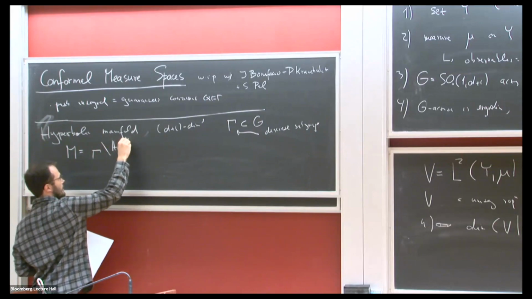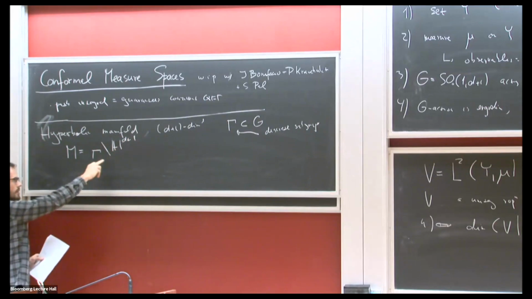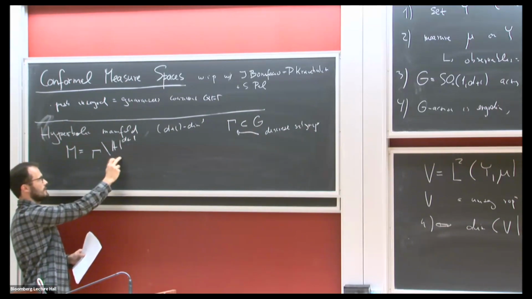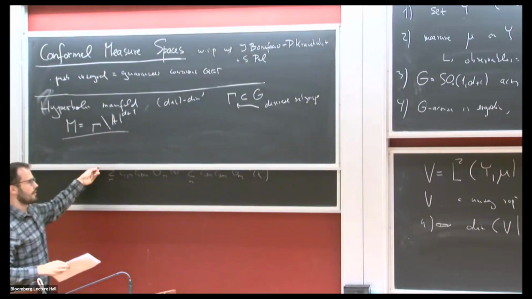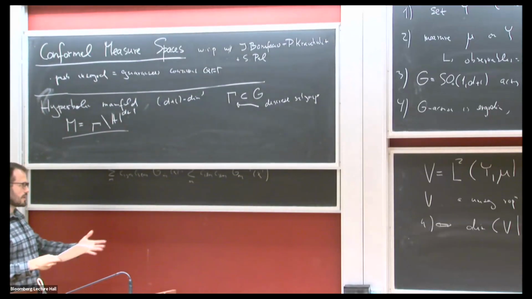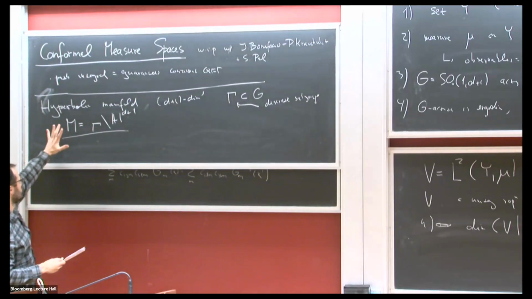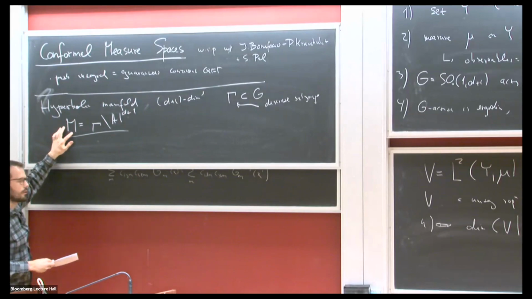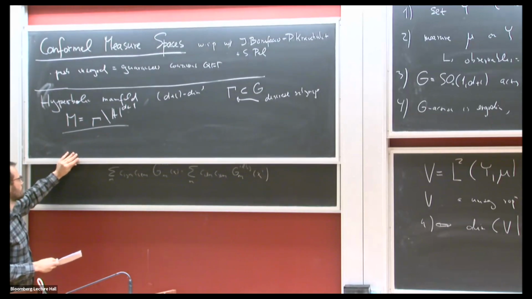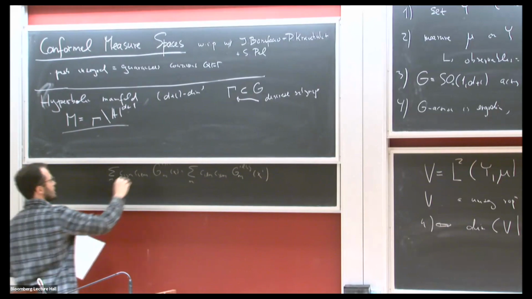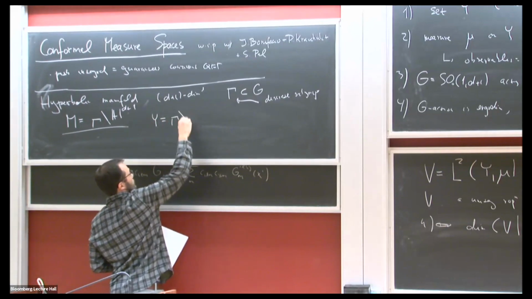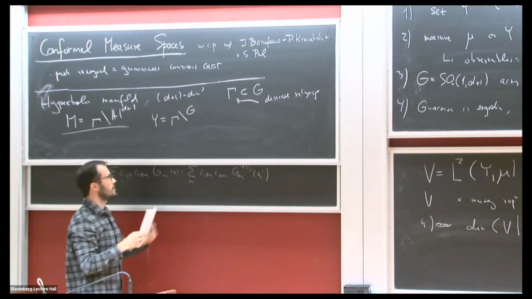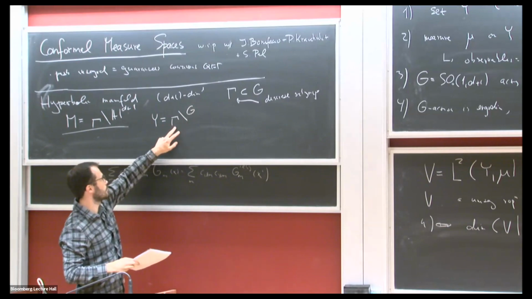So this group acts on hyperbolic space H^(D+1), and the manifold is such a quotient. Then I claim that there is a very simple way to associate a conformal measure space to a hyperbolic manifold of finite volume, which is: just take Y to be G mod Gamma. So G is our group, Gamma is the discrete subgroup.